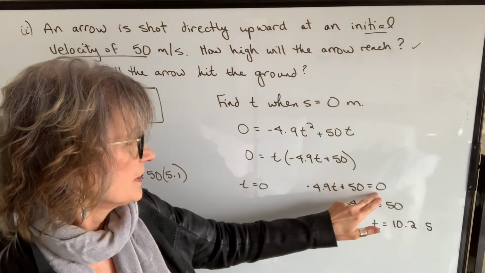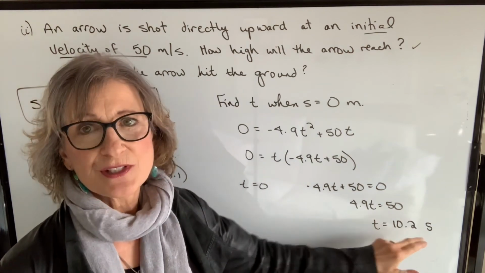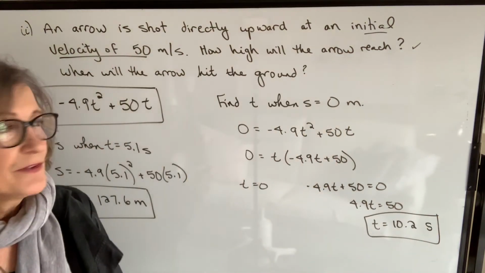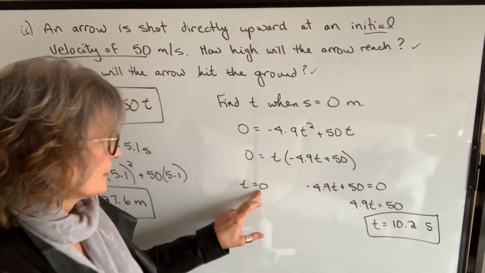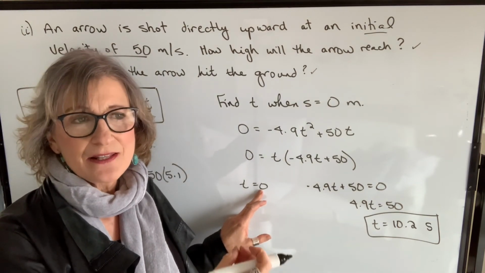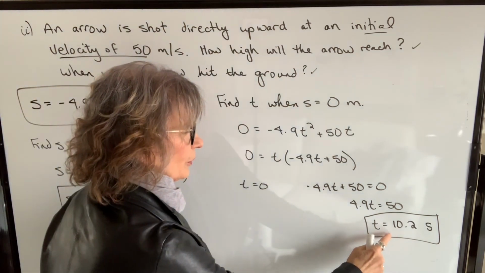We set this equal to 0, we solve for T, and we get 10.2 seconds. So we've now answered the second question. We're not going to bother with T equals 0 because, of course, at time 0, we already know displacement is 0. So that arrow hasn't even left the bow yet. So this is the value we're looking for.